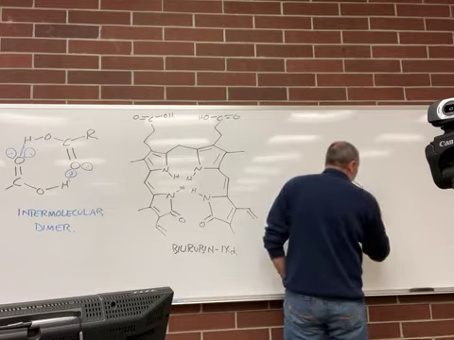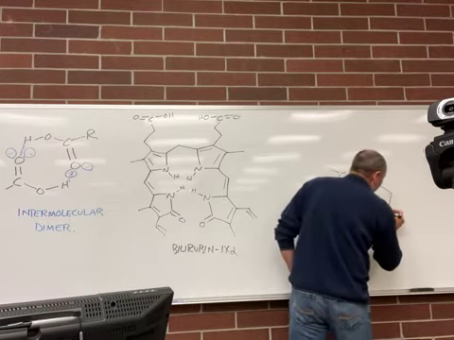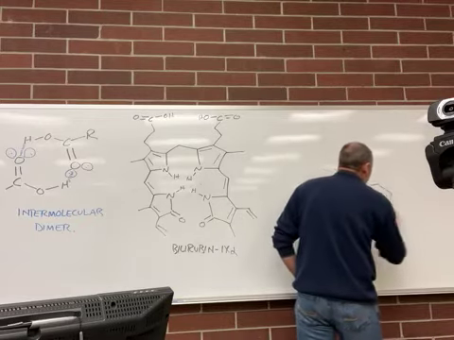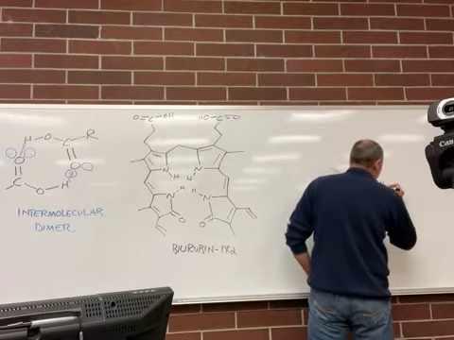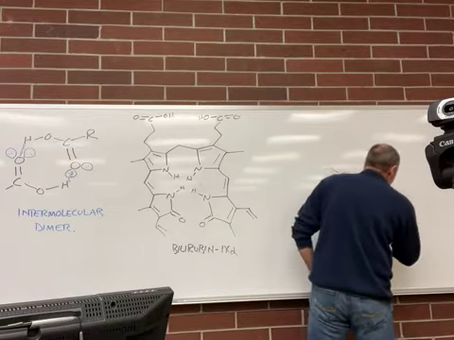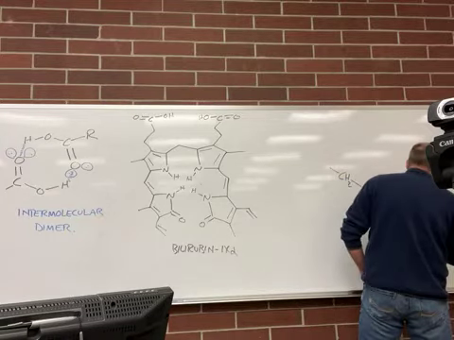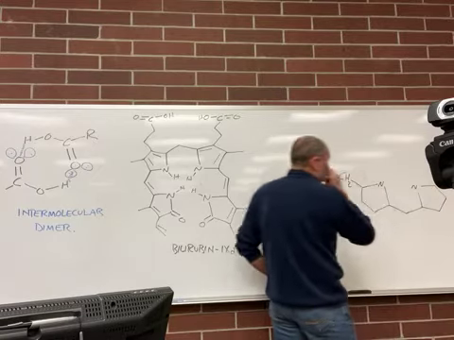So if you look at bilirubin from that perspective, you end up with a really fascinating system of hydrogen bonding. Again, hydrogen bonding is one of the hallmarks of carboxylic acids.